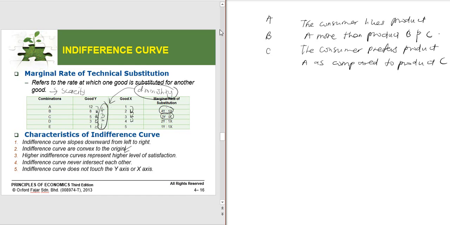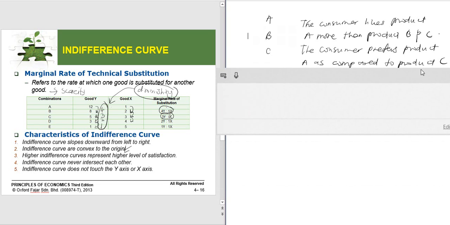Fourth, indifference curves never intersect each other. Why will they not intersect? Because different combinations will not give the same level of satisfaction, and the same combination will not give different levels of satisfaction.